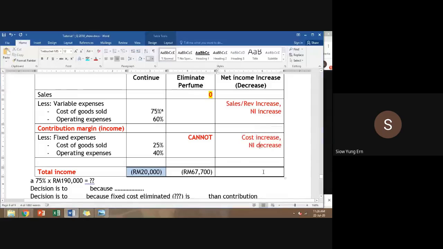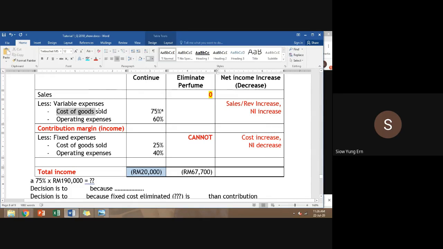So just now sales from 258,000 decrease to 0, so here also decrease. Negative. If you put positive, it will change your final answer later. So negative.